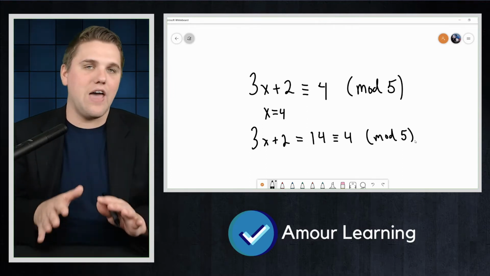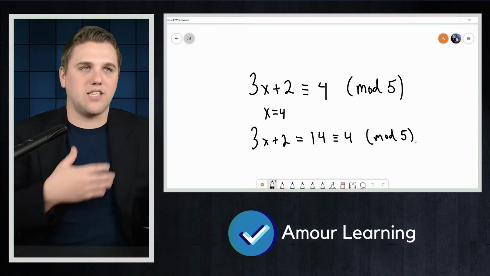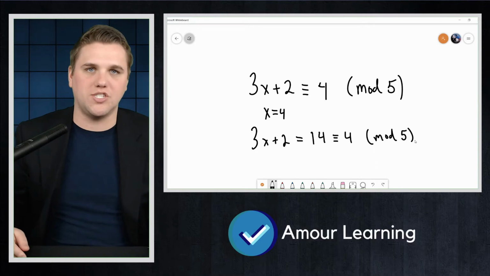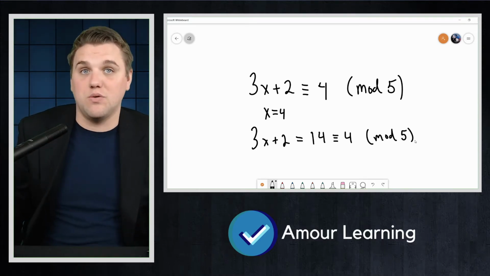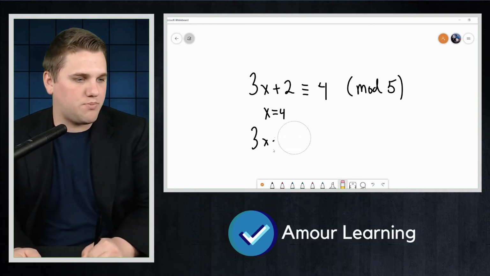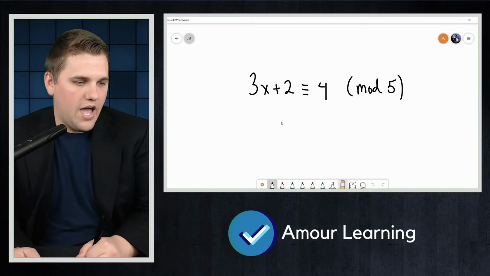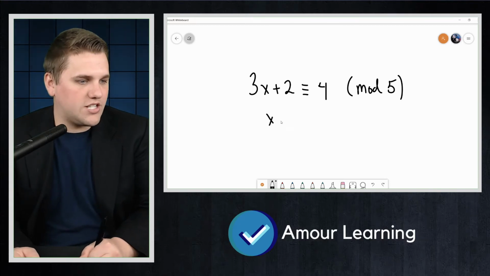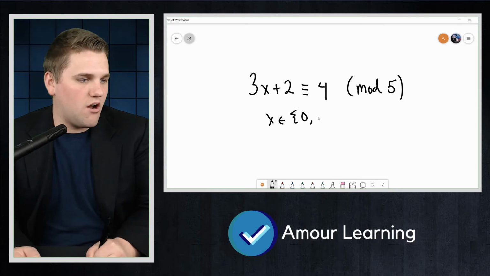I want to clarify that this is for only linear problems, things like ax plus b equals c. So in this example, if you wanted to solve this, you would just compute 3x plus 2 for various values. The point here is that x is going to be some element of the set 0, 1, 2, 3, 4.